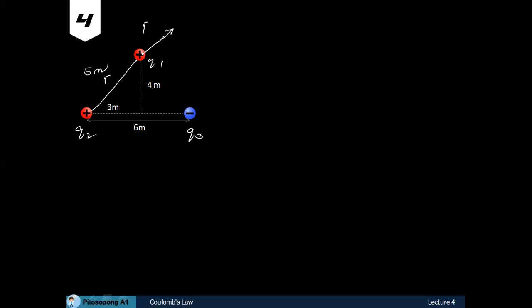So this is the force experienced by Q1 due to Q2. Now, how about this one? Since they are opposite charges, there is an attractive force existing between them. So this one is going in that direction, and we call it the force experienced by charge 1 due to charge 3. So we are to compute these two forces.